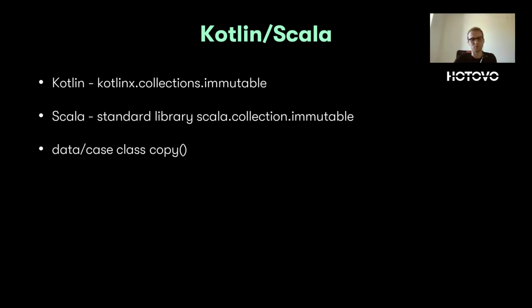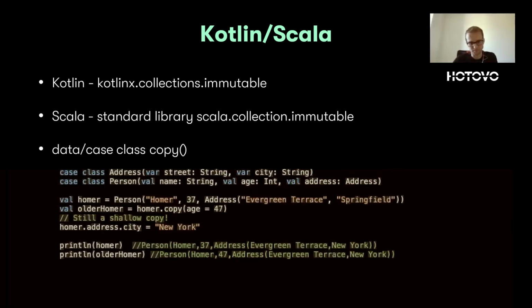We talked about product types in the past. Both Kotlin and Scala have a way to declare a structure in a really compact syntax. In Scala, it's a case class. In Kotlin, it's a data class, so you can just change case to data and you have valid Kotlin syntax.